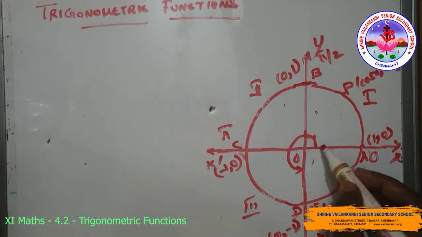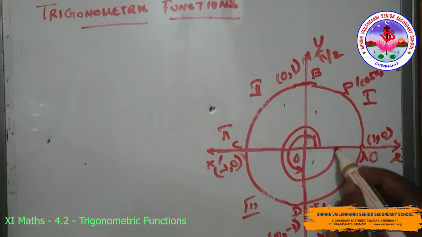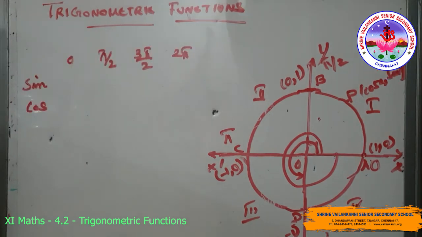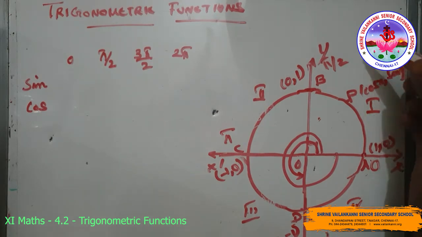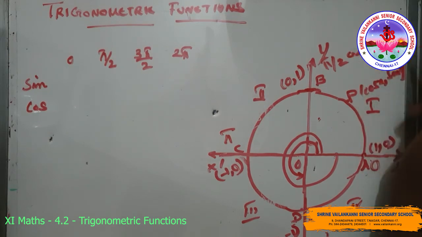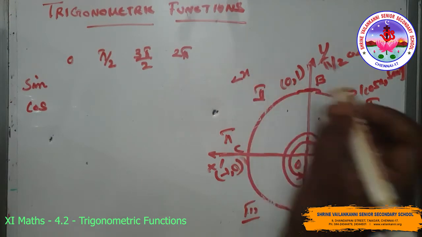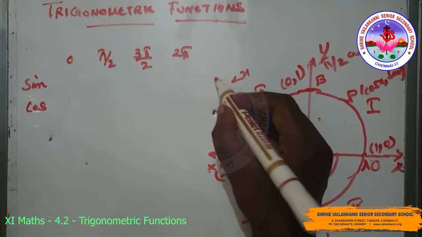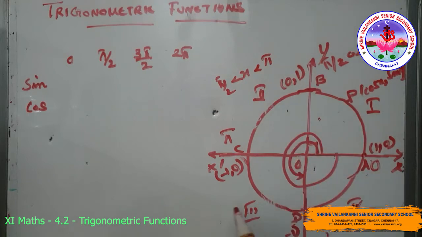One complete revolution is 2 pi radians. All angles which are integral multiples of pi by 2 are called quadrant angles. In the first quadrant x lies between 0 and pi by 2, in the second between pi by 2 and pi, in the third between pi and 3 pi by 2, and in the fourth between 3 pi by 2 and 2 pi.